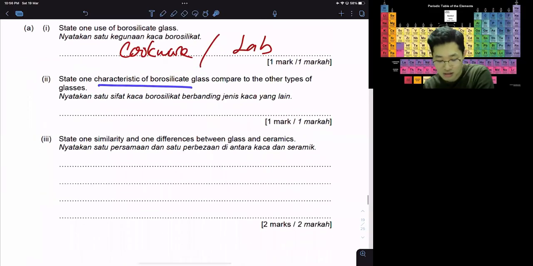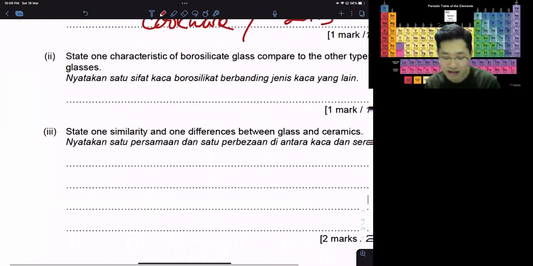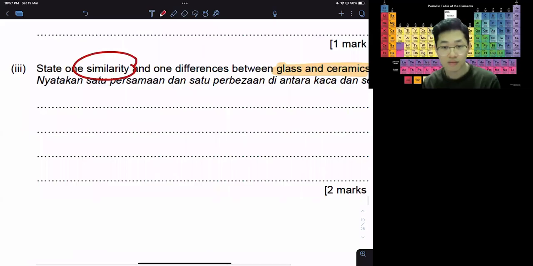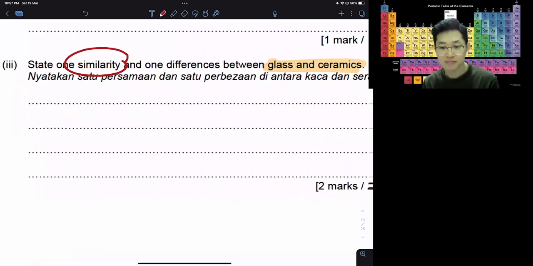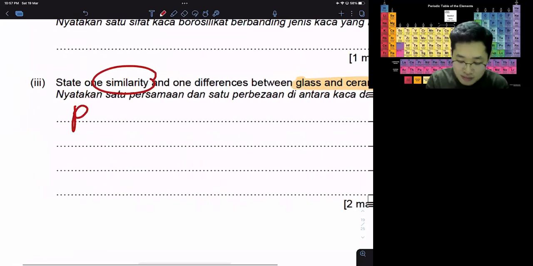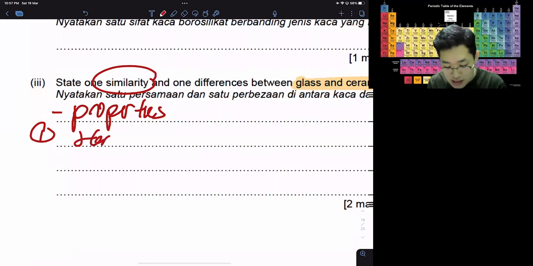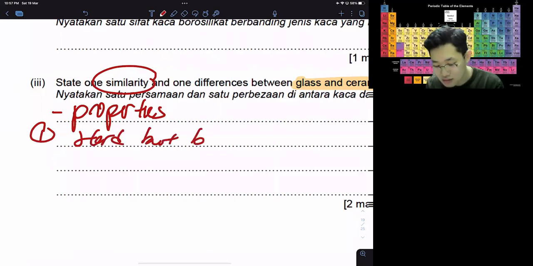One similarity and one difference between glass and ceramic. Similarity: the properties are very hard, but brittle.